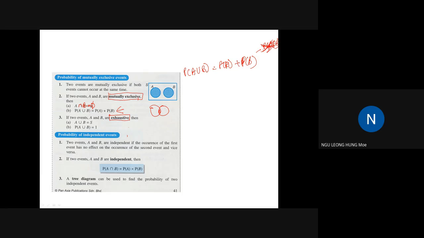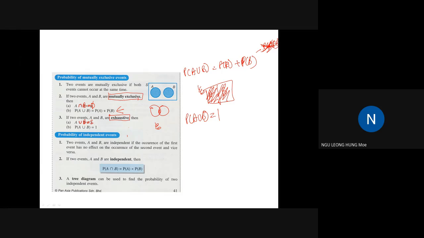If S housing, A union B equal to S, which means S is universal. Everything is already included there. So A union B equal 1. Like this. This one is universal. This is set A, this is set B.